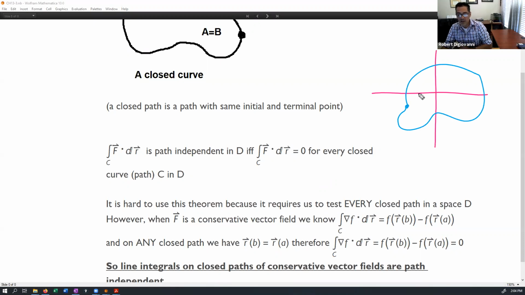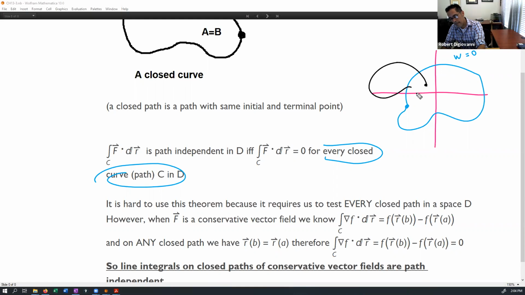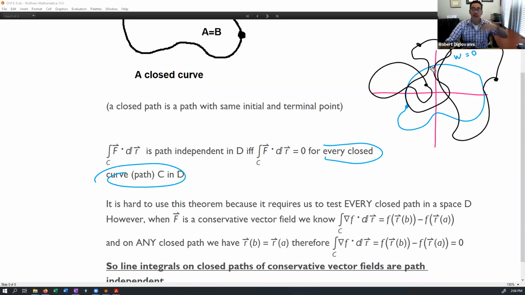If I calculate the work and I get 0, and I do that for every closed curve in there, so I do another closed curve somewhere else, and then another closed curve somewhere else, and then another. If I keep getting 0 over and over for every curve that you ever put here, then we will say that this is path independent.